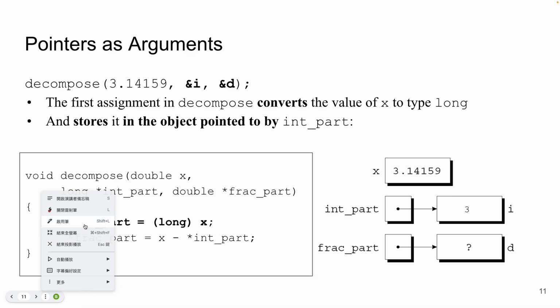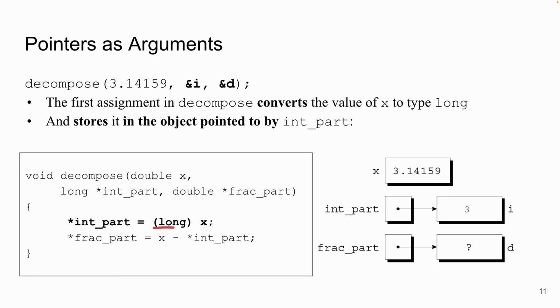Let me try to use the pen, although it's very hard to use. The return value of this expression is 3. Okay, then where are we going to assign this 3 to? We want to assign the return value of 3 to this place. First you need to know that int_part is a pointer variable.